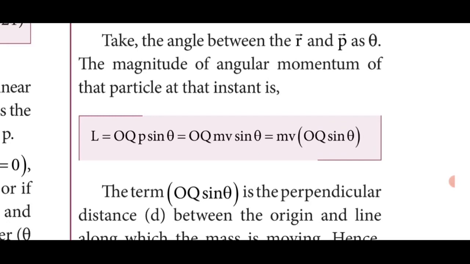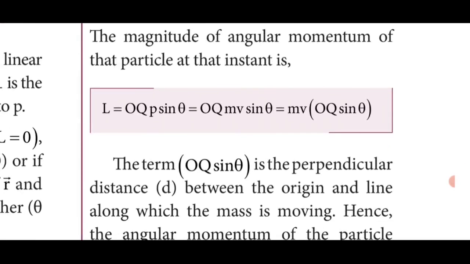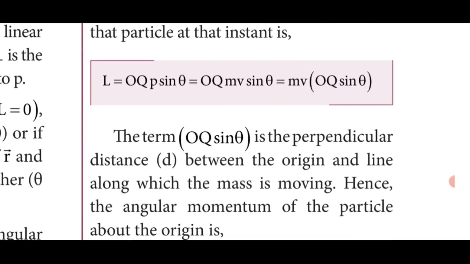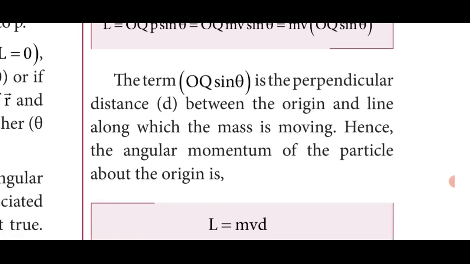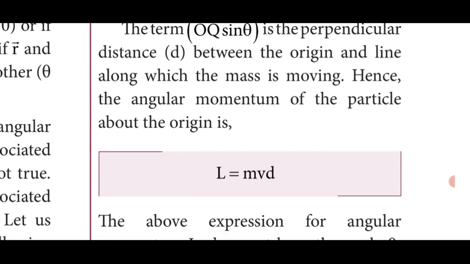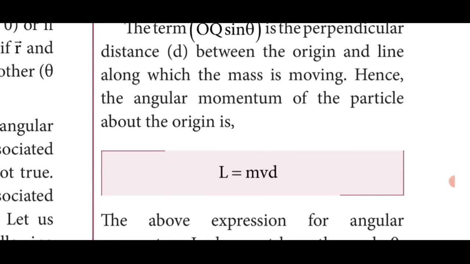The magnitude of angular momentum of that particle at that instant is L equal to OQ p sin theta, that is OQ mv sin theta, that is mv into OQ sin theta. The term OQ sin theta is the perpendicular distance d between the origin and the line along which the mass is moving.